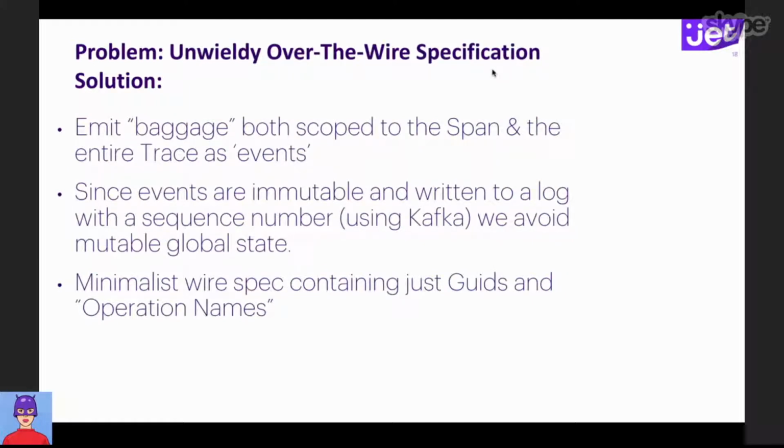The other problem we had was we developed this unwieldy over-the-wire specification. And I'll show you some examples of what those types look like and what I mean by unwieldy. But basically, in distributed tracing and in OpenTracing, there's this concept called baggage, which is a great word for it, because you're carrying this baggage as you propagate a trace.